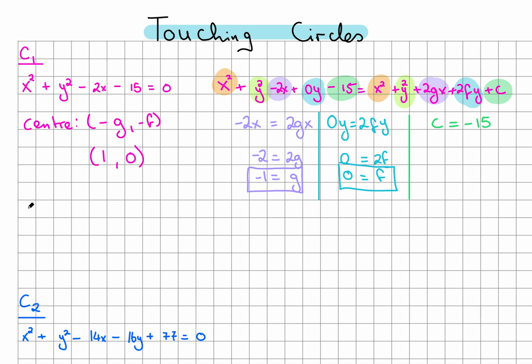My radius is going to be given by a formula, and that formula is the square root of g squared plus f squared minus c.